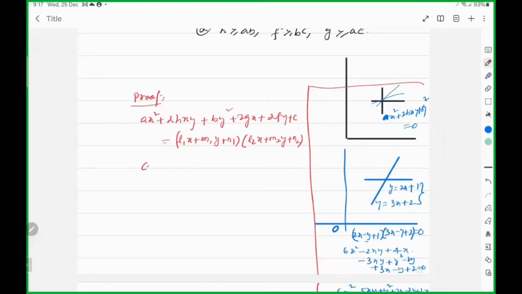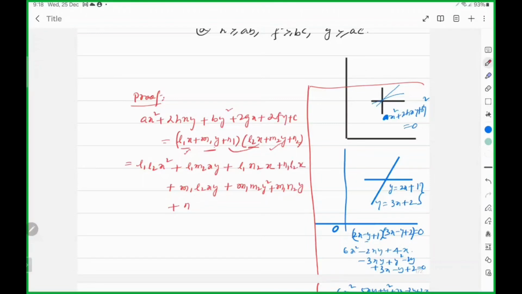So now let us multiply it. General multiplication: L1L2 x², L1M2 xy, L1N2 x, next M1L2 xy, M1M2 y², M1N2 y, plus N1L2 x, N1M2 y, plus N1N2.